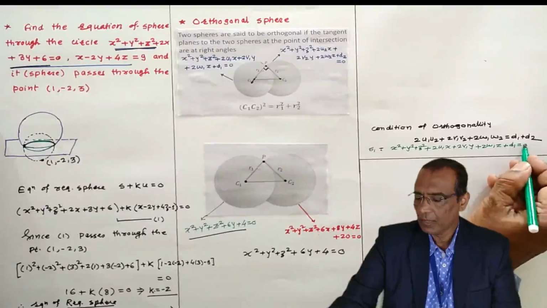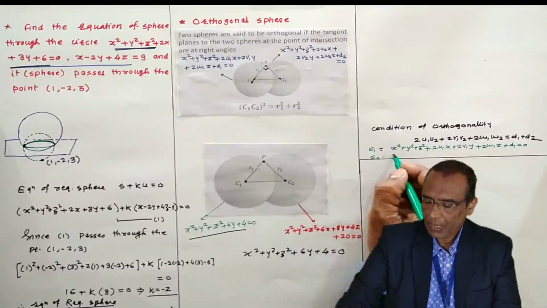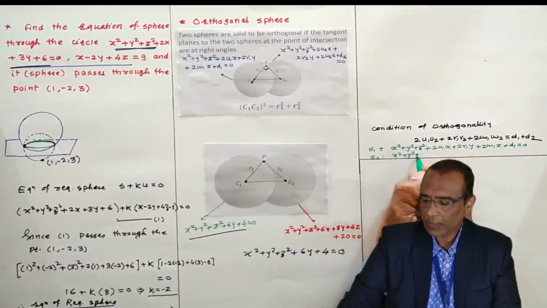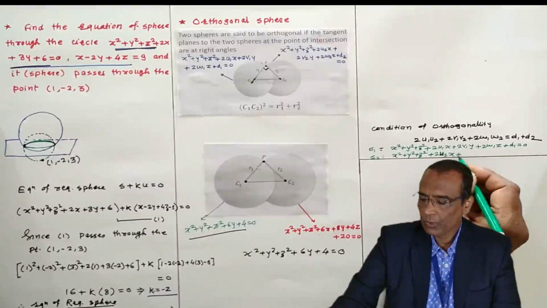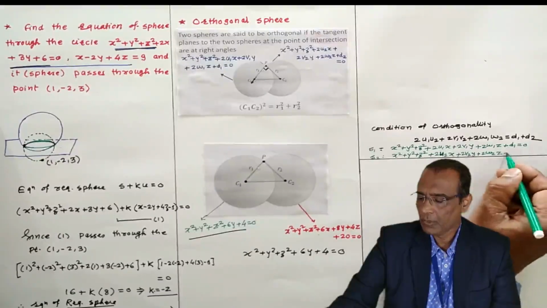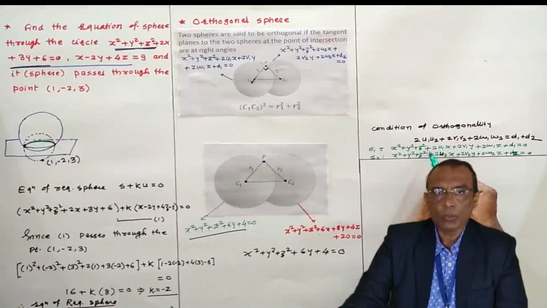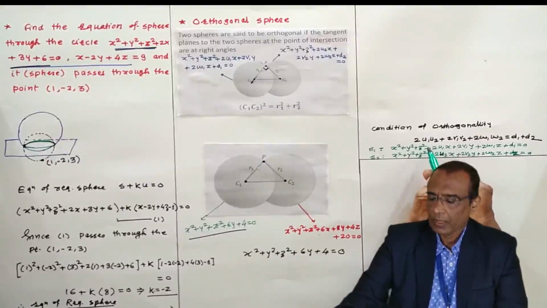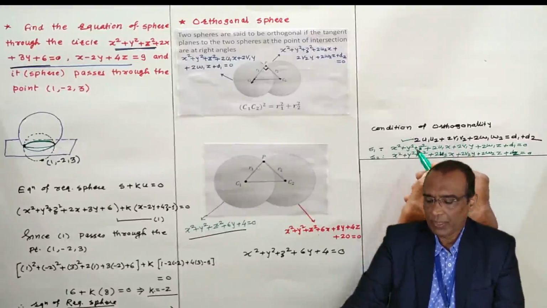This is the first equation of the sphere, and the second equation of the sphere is x square plus y square plus z square plus 2u2x plus 2v2y plus 2w2z plus d2 equals 0. This is d2. If these two spheres are orthogonal to each other, then this condition is satisfied, or if this condition holds, then we can say these two spheres are orthogonal to each other.